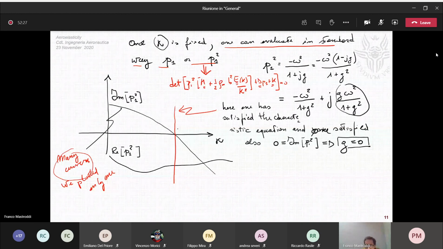But what about our flutter parameter to be evaluated? We have a reduced frequency here. This value is k flutter.